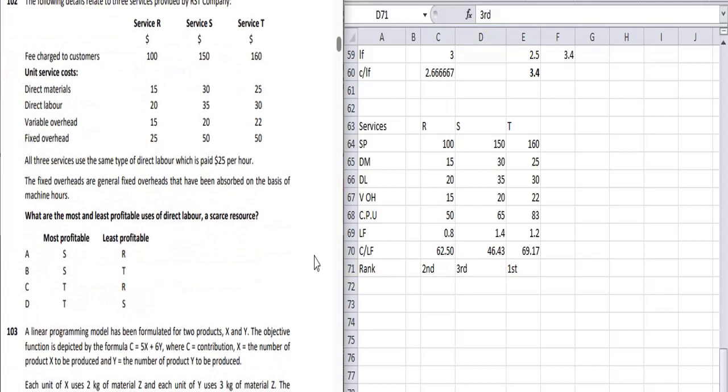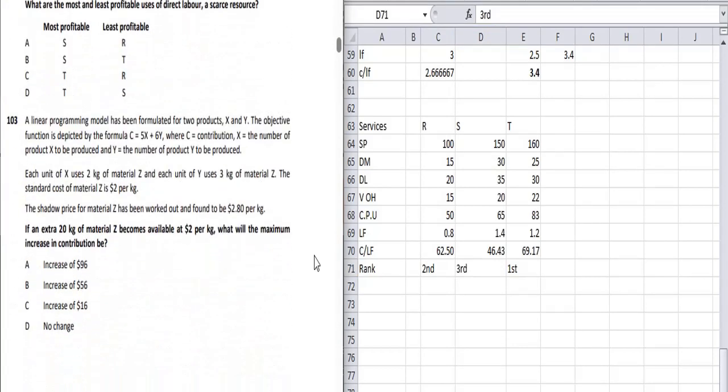Okay. So next, 103. If extra 20 kg of material Z becomes available at 2 per kg, what will be the maximum increase in contribution? Okay, so it means material is the scarce resources, I think. So let's read out the scenario.